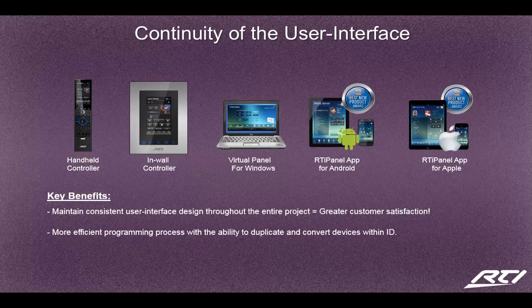The consistency that you create for your clients across the board with all of their devices gives them a greater satisfaction level, because it's easier to use. And the more they use it, because they know how to use it, the more they brag about it, the more they show it off. And the more they do that, the more referral sales you get. So RTI is in the business to help you improve your business, and this is one of the best ways that we can do it.